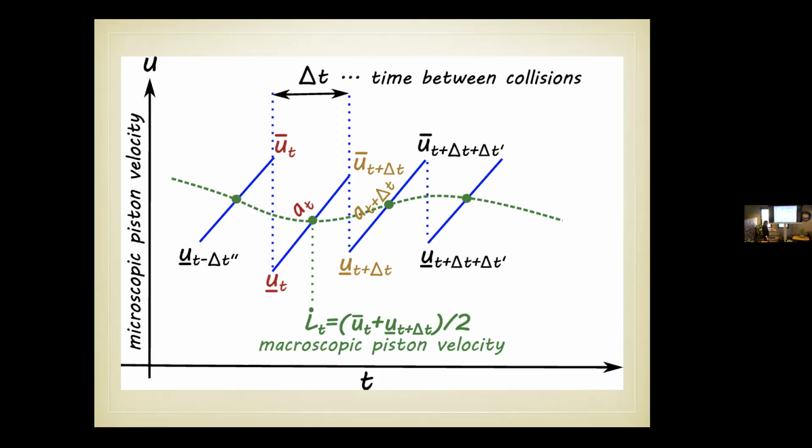And so we can define a macroscopic piston velocity simply by taking the average, the midpoint of this. So we average out the micro jitter of the piston due to collisions. Actually, we assume here that the piston is a rigid body in the sense of Einstein.